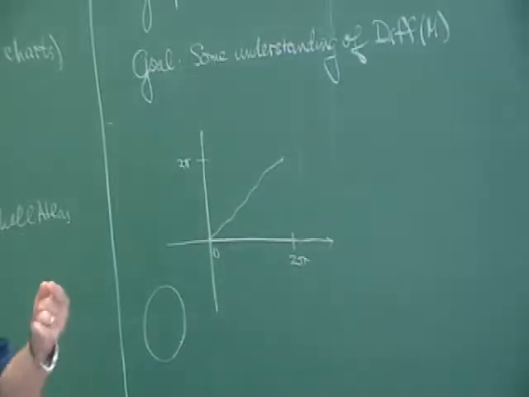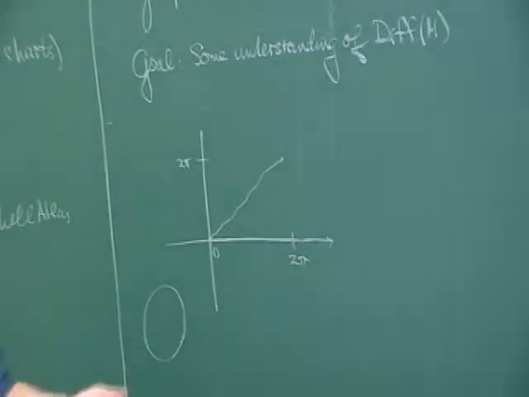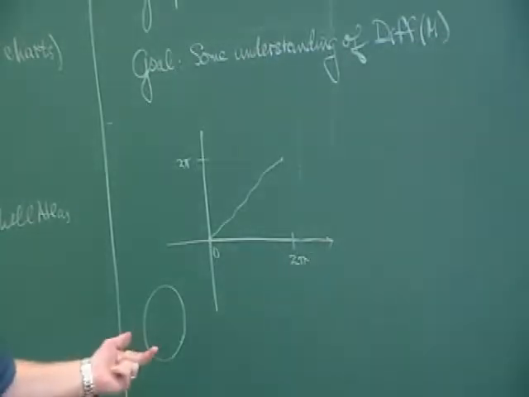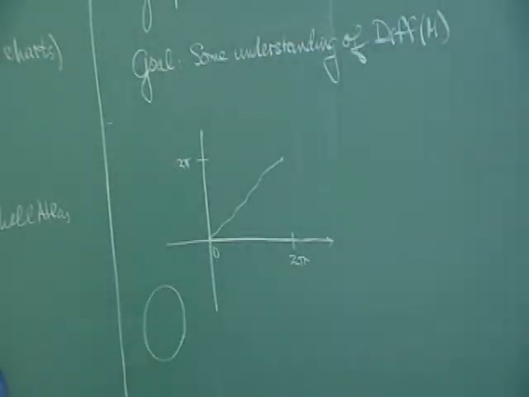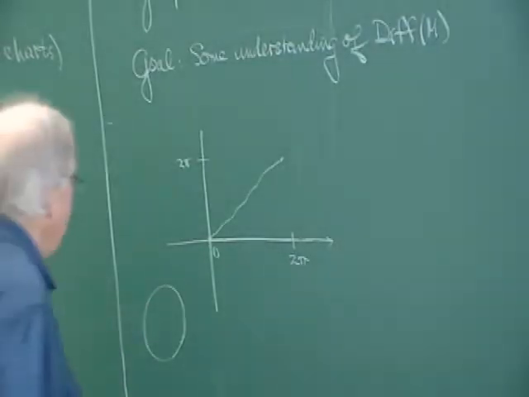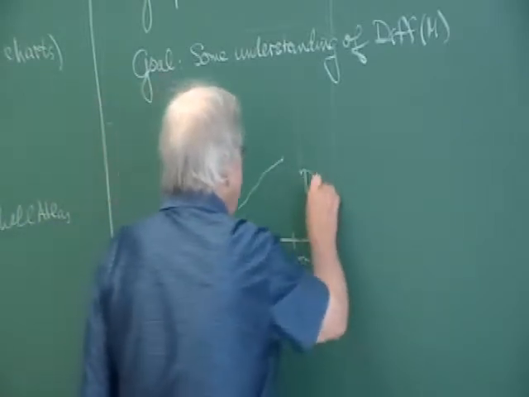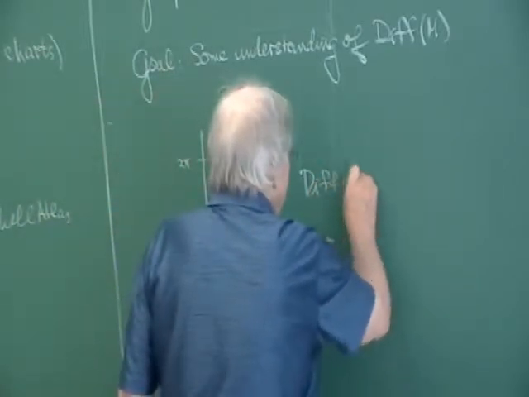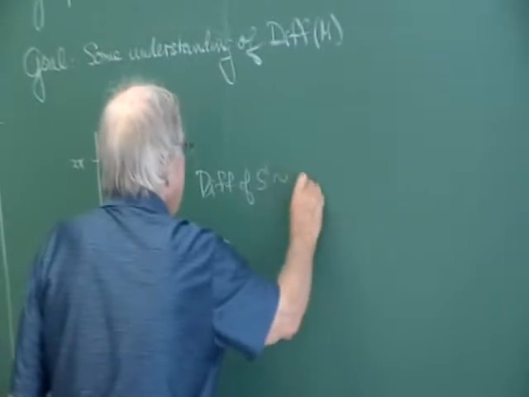It has to be bijective, it has to be smooth, it has to be differentiably invertible. You all learned that from me in first year course. It's the inverse mapping theorem. So just take a monotone function like that. That's the diffeomorphism. So the space Diff of S1 somehow is related to monotone functions.